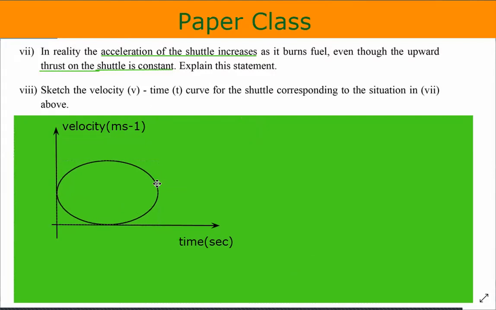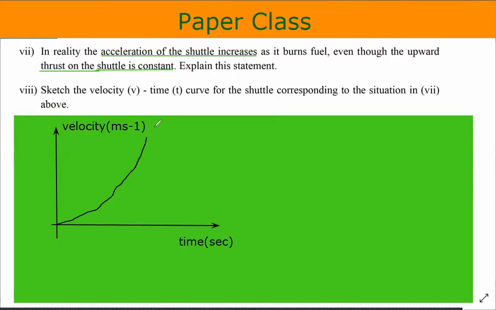It will be a curve, and unfortunately I can't rotate it. So it's not a circle. It should be a curve like this. A smooth curve. It's somewhat difficult for me to draw using a computer.